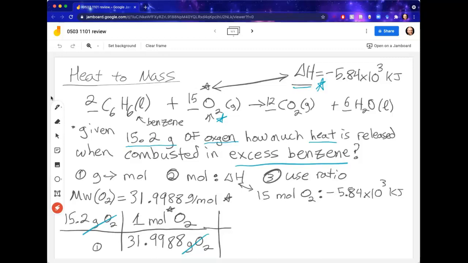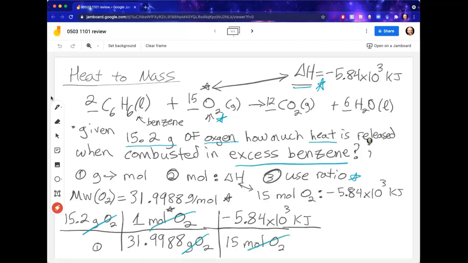So to use that, the final step here is to plug the ratio in to my train tracks. In this case, I've got moles on the top, so I'm going to put moles on the bottom. 15 moles of O2, and then on the top, the heat value, negative 5.84 times 10 to the 3 kilojoules. And at this point now, I can cancel moles of O2, and I'm left in kilojoules.